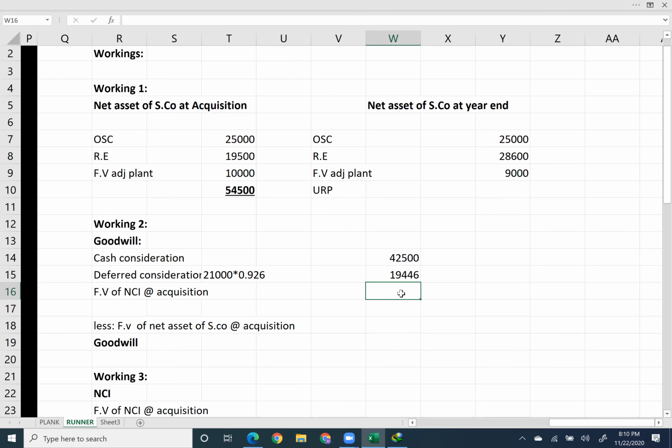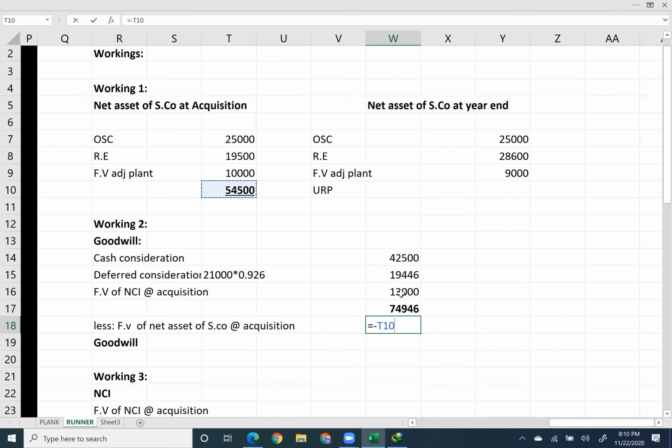Now, fair value of NCI at acquisition is 13,000, ready-made. So let's calculate this total. Then we need to deduct the fair value of net assets at acquisition. The acquisition date net asset packet is 54,500.